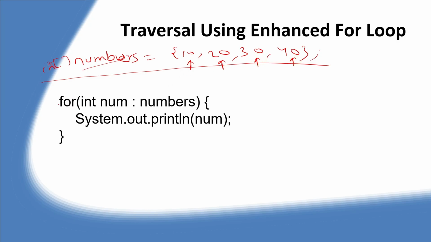So this is the enhanced for loop. The format is, we write for and provide the data type. What is the data type of the values? Since we have declared an int array, we will write int here. Then this is a random variable name which we will use inside the for block.